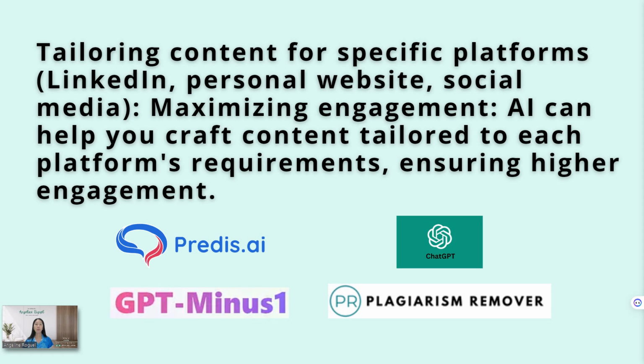For example, if you want to create graphic content for Facebook, LinkedIn, and Instagram, you can use ChatGPT and Predis AI. I personally use Predis AI. If you go to my LinkedIn page, you will see the past content that I created, because I was testing Predis AI before.